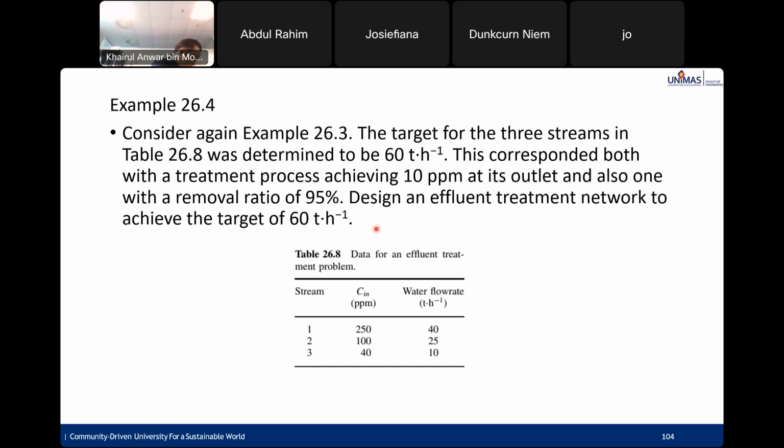So 5.4 is kilogram per hour, divided by ppm times 1000. The ppm is from 100 to 10, where 10 is the fixed outlet concentration. So 5400 over 90 is 60 ton per hour.